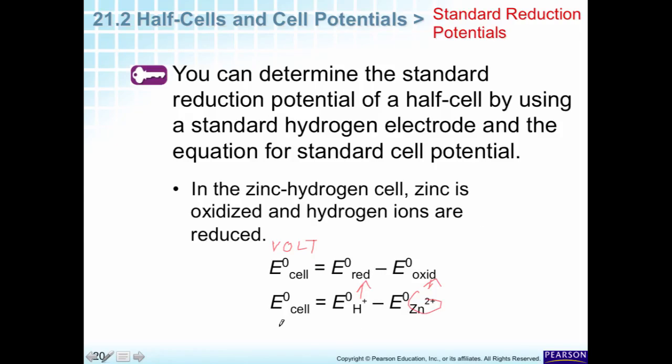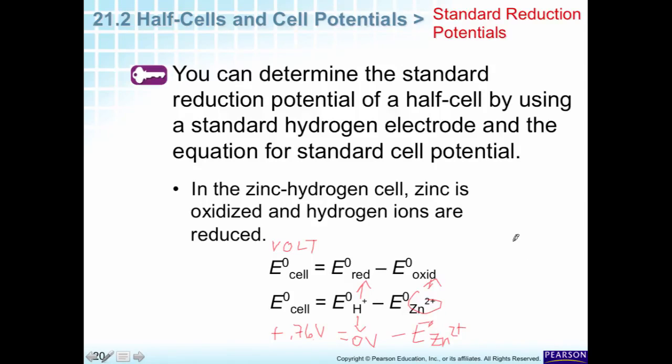We know this is plus 0.76 volts, and we know the hydrogen value is 0 volts, so we can solve by subtracting 0 volts from both sides.